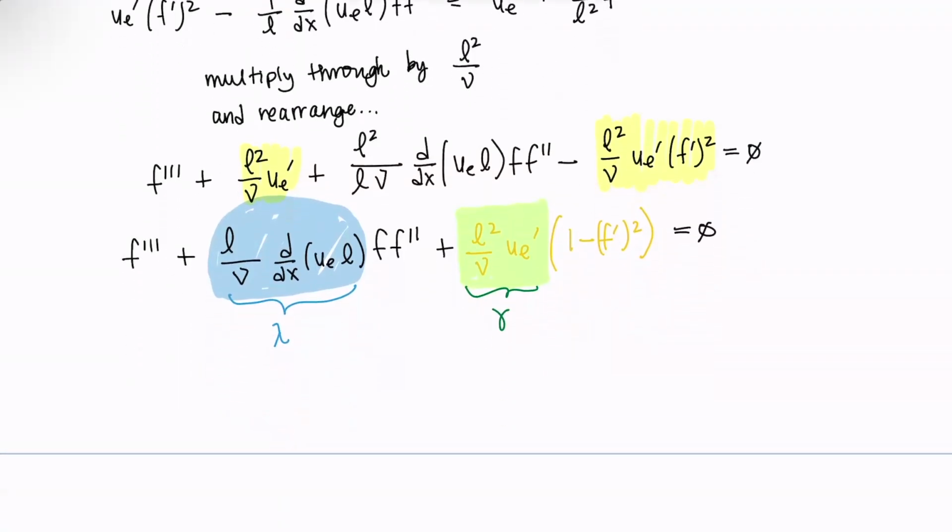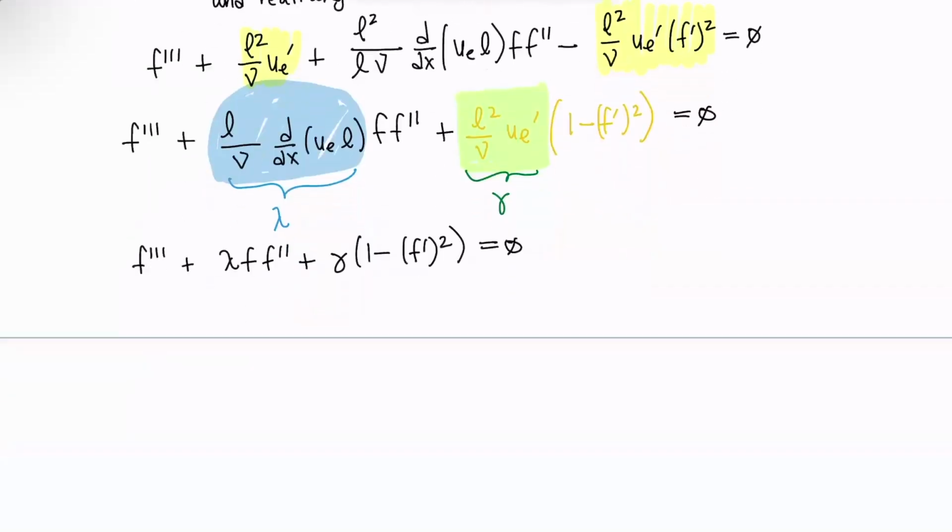So what we have left is F triple prime plus lambda times F double prime plus gamma times 1 minus F prime quantity squared is equal to 0. Deeply nonlinear function.